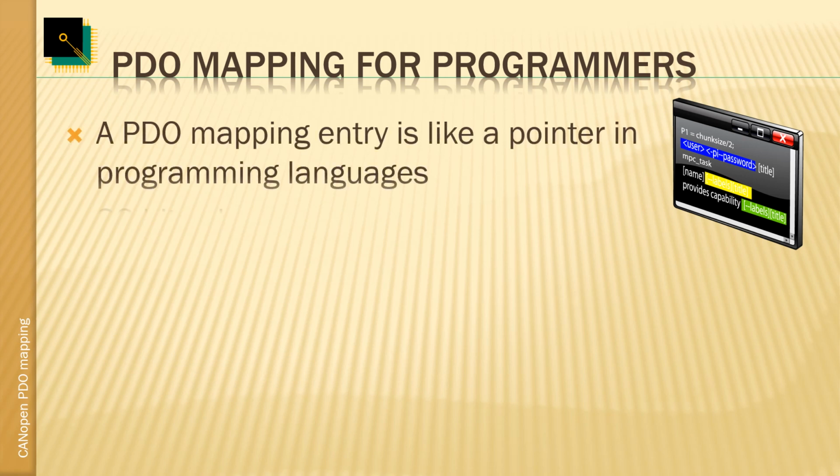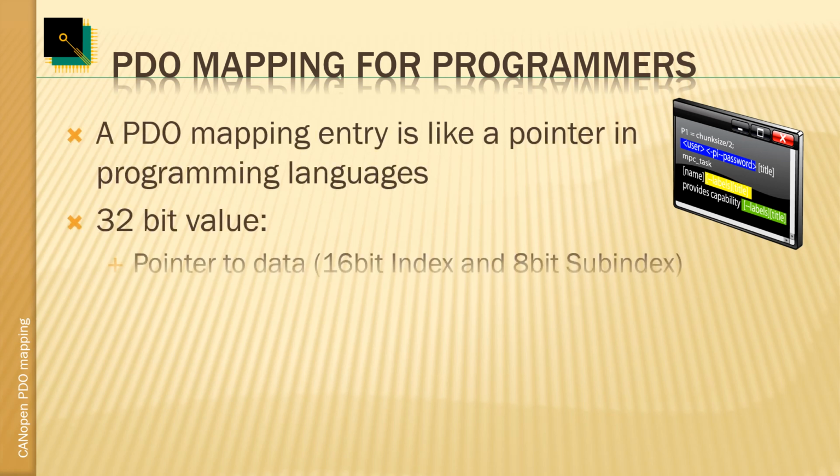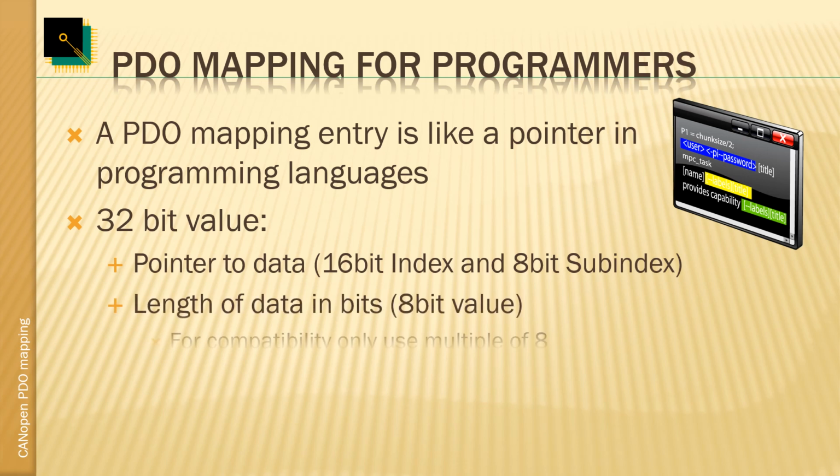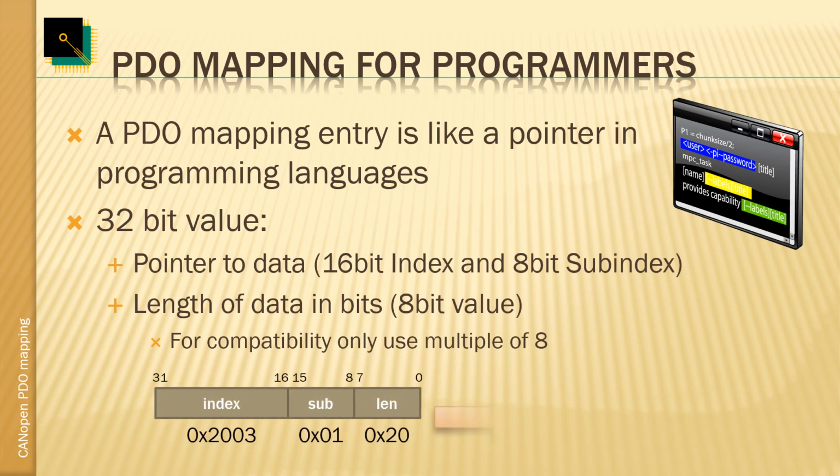A single 32-bit mapping entry is similar to a pointer in a programming language because it points to the object in the object dictionary that we want to place in the PDO. So the 32-bit value contains the 16-bit index and 8-bit subindex of the element of the object that we want to copy to the PDO.